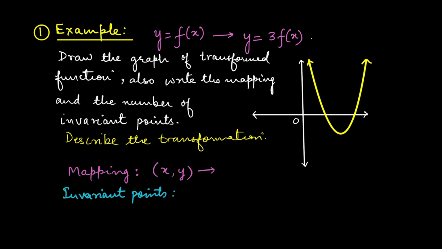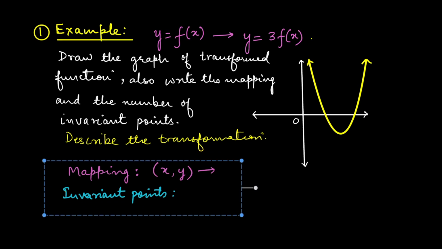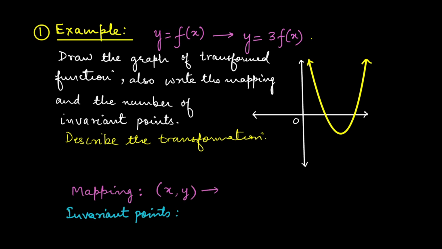Now we take the example in which y equals f(x) transforms to y equals 3 times f(x). First we are supposed to draw the graph of the transformed function, then write the mapping and the number of invariant points. To describe the transformation, as we discussed, the statement is vertical stretch.